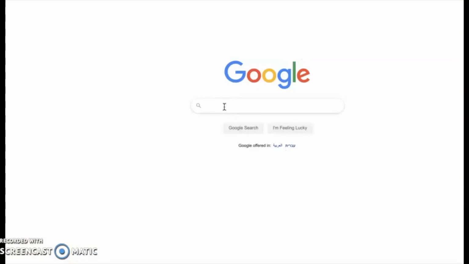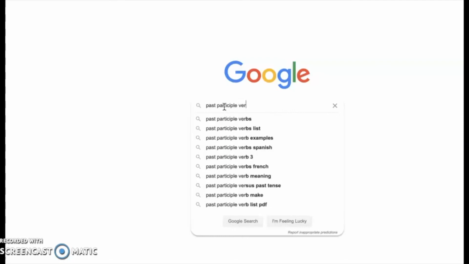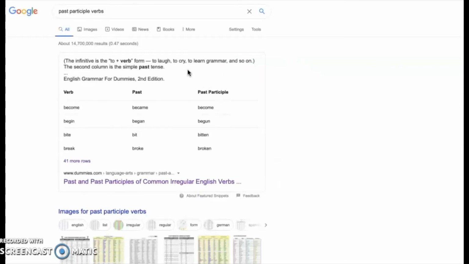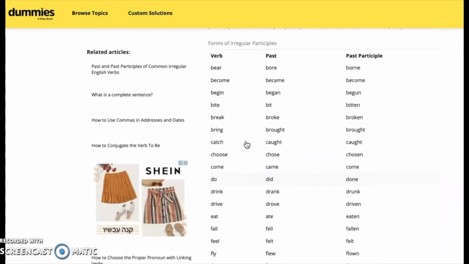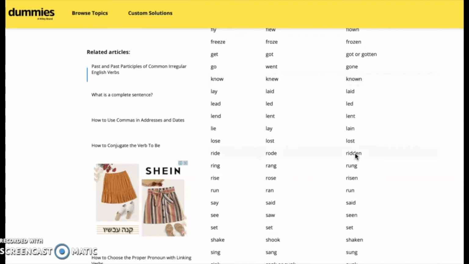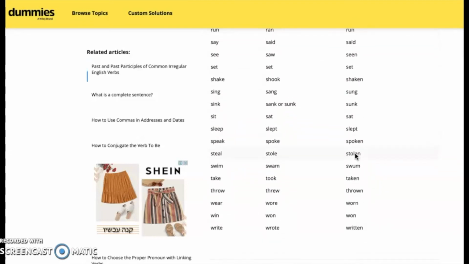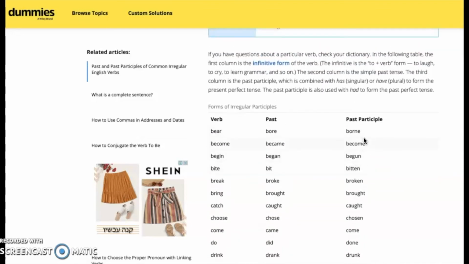If you're not sure about past participle verbs, then you can Google it and you can find a whole list of them, such as this site here. It talks about it and gives you a whole bunch of the verbs in past participle form. And these would be the irregular verbs because most of the regular verbs would just simply have an ed at the end.